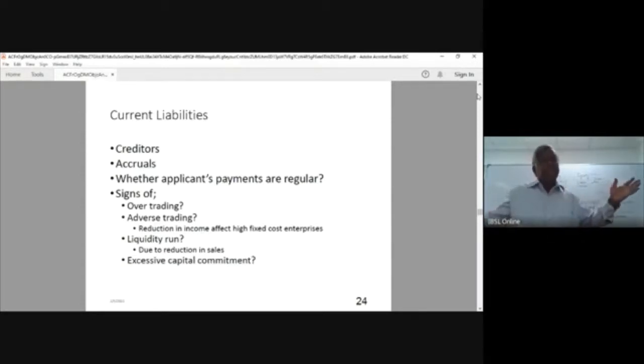Then excessive capital commitment. That is, the capital commitment is more because maybe a smaller plant and machinery would have been sufficient. Maybe 50 million would have been sufficient to run this operation. But if they bought a very big machinery, maybe 100 million rupees, that is wastage of capital, excessive capital commitment.